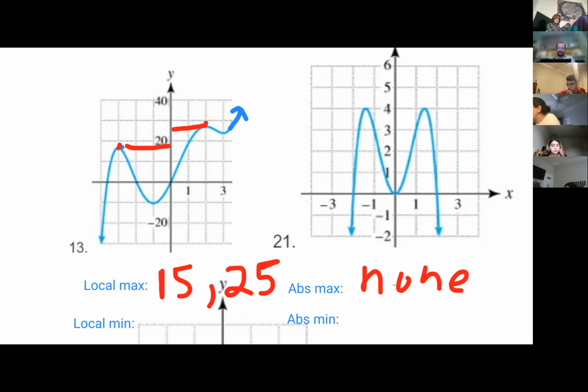What about the mins? How many mins are there? It's kind of hard to ask you to point them out, but I think those two things are my mins. So what numbers would you give me for those? Like for the coordinates, -1, -10. So we just want the y value when we talk about mins and maxes.